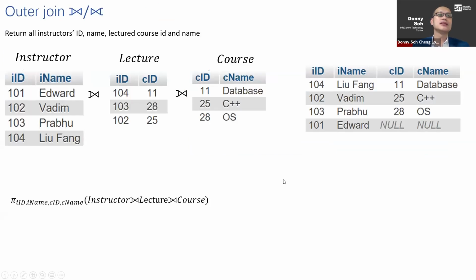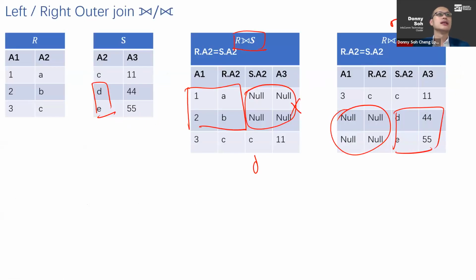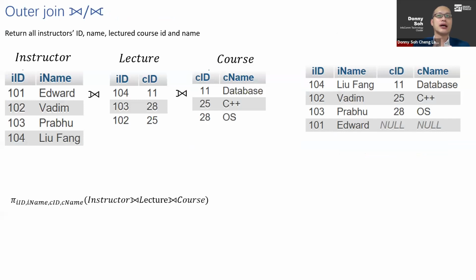And in this scenario, we have both. This is the left outer join where we want to keep the values in our left table, because I want to keep 12 Edward here. So I first do a left outer join between this table and this table.